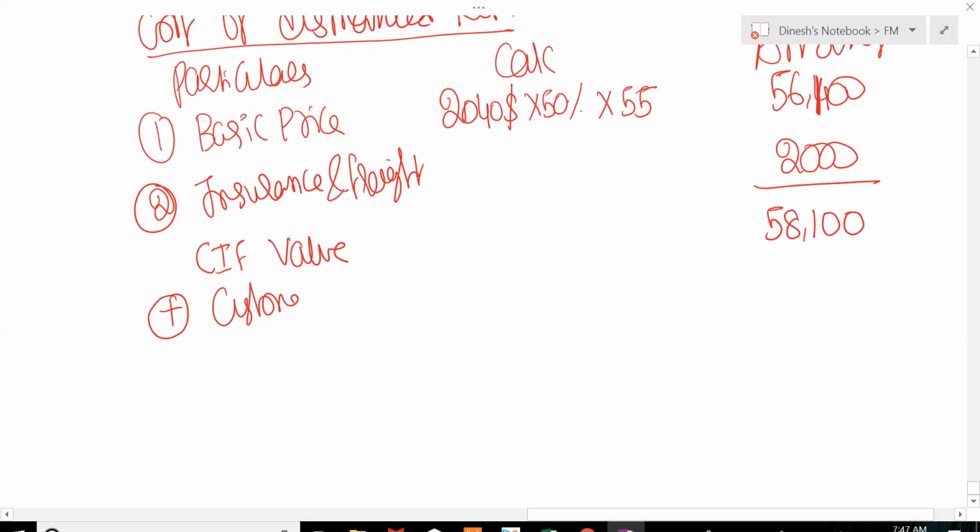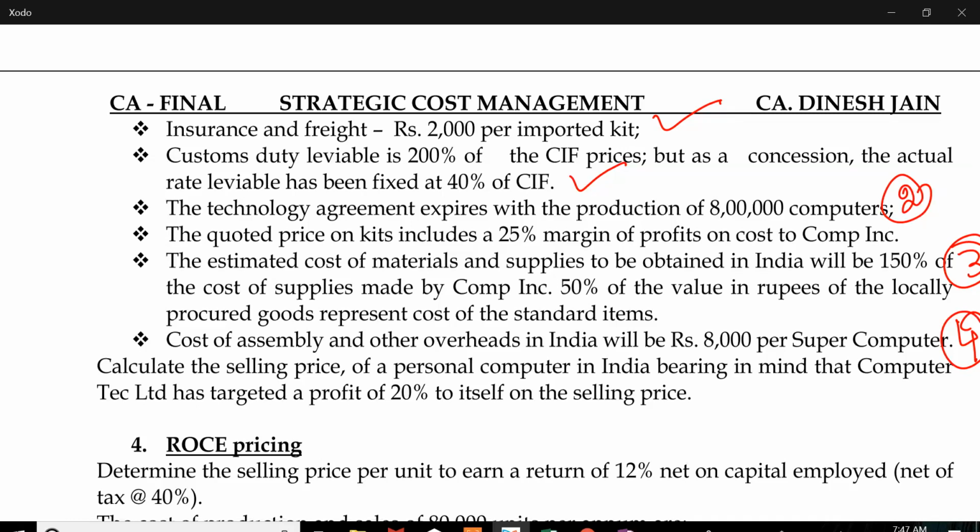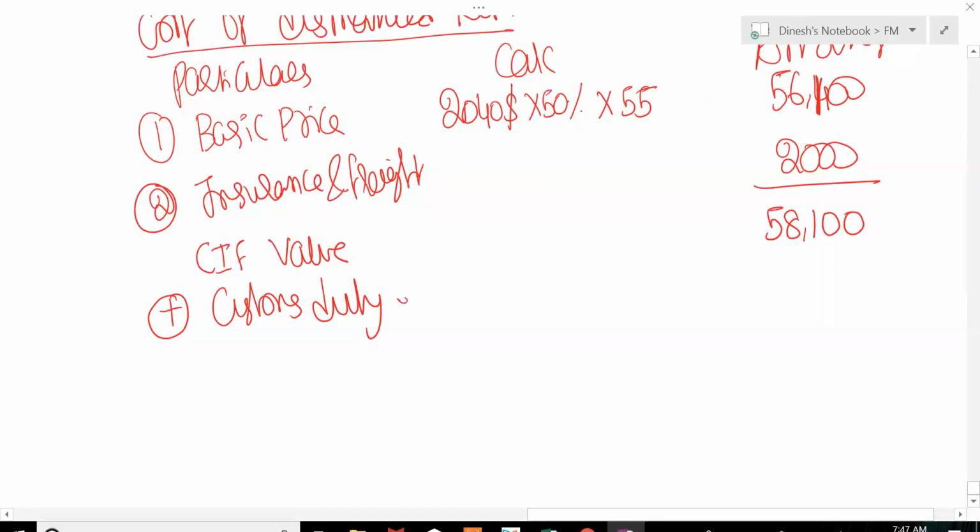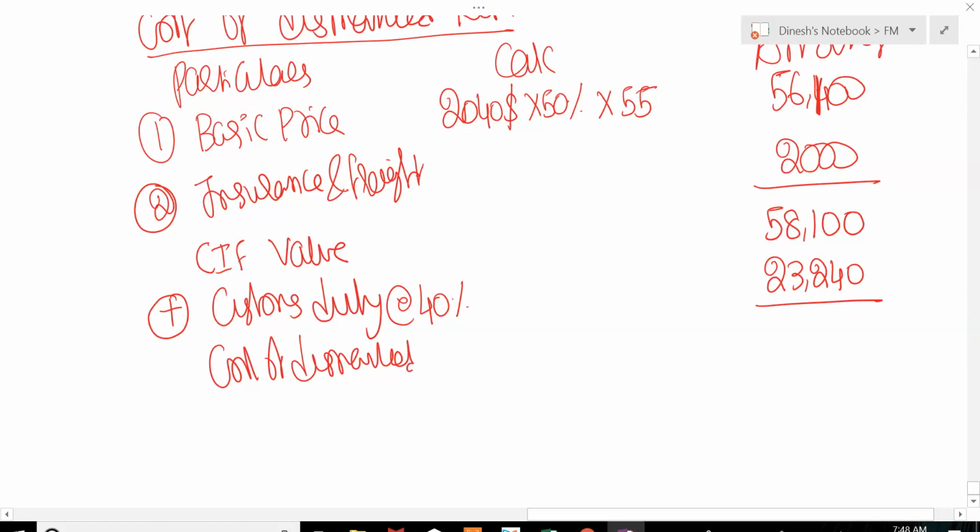Customs duty. What's the customs duty? 40% of CIF. How much? 23,240. Cost of dismantled kit: 58,100 plus 23,240, how much? 81,340.